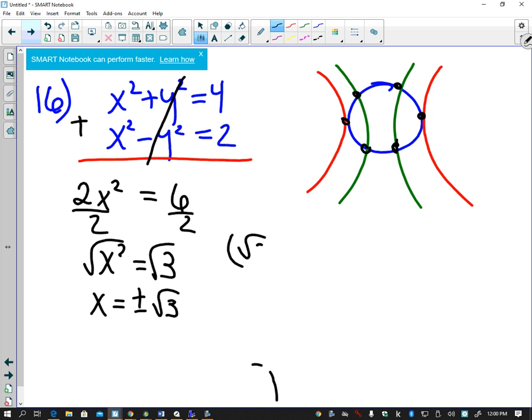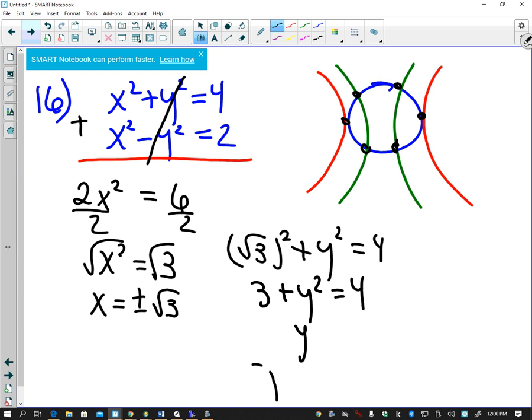So square root of 3 squared plus y squared equals 4. Square root of 3 squared is 3. 3 plus y squared is 4. Subtract 3. Y squared equals 1. Square root both sides. Y equals positive or negative 1.